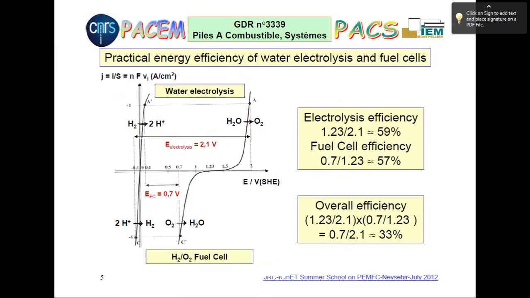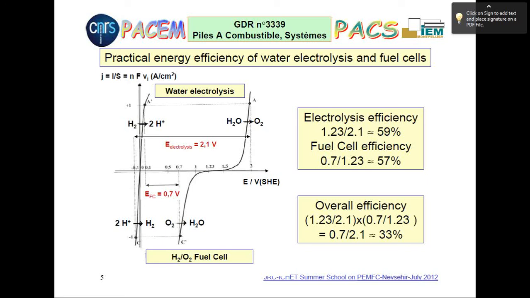Okay, so another very key point to understand this phenomenon is that we can draw such a graph. You will see many times similar graphs, but it is very important. You have here on the axis the electrode potential, I mean the individual electrode potential.